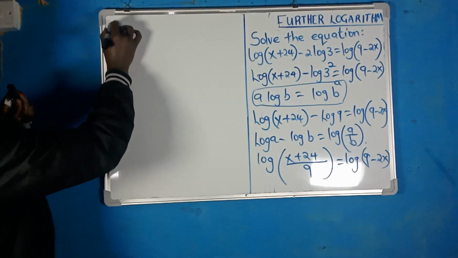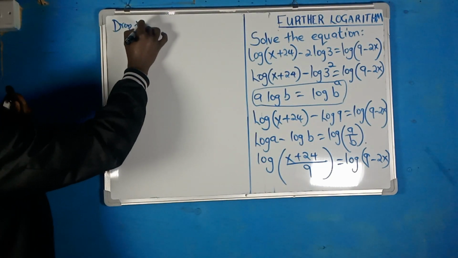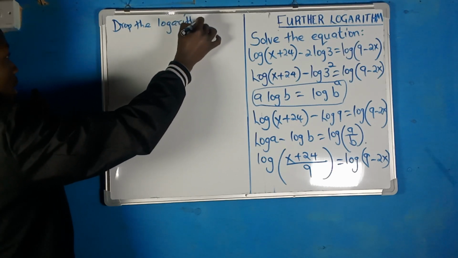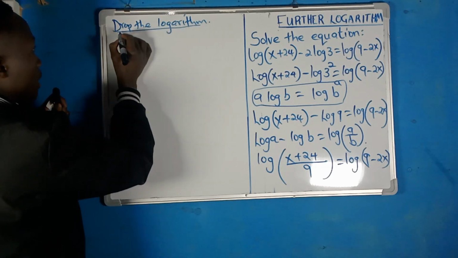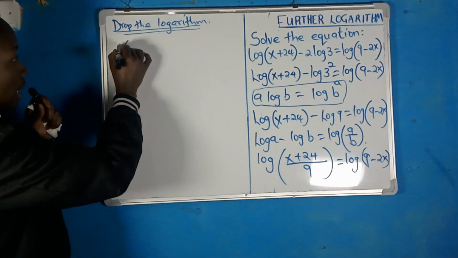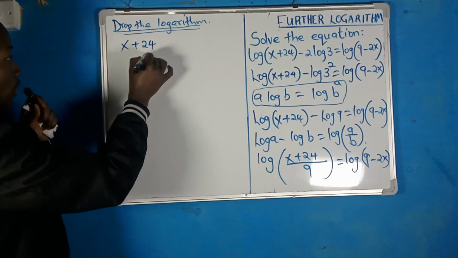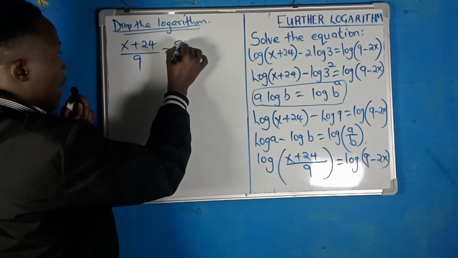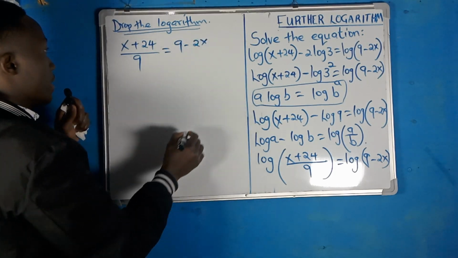We will drop the logarithm, and once we drop the logarithm, we will be left with (x plus 24) over 9 is equal to 9 minus 2x.